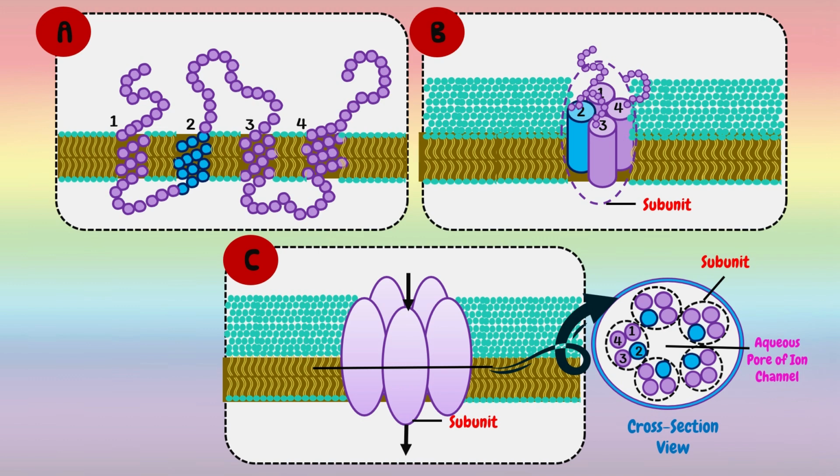This is the aqueous pore of ion channels. Although this model shows the 5 subunits as identical, many ion channels are formed from the aggregation of several different types of subunit polypeptides. Moving forward towards the effects of electrical forces on ion movement.